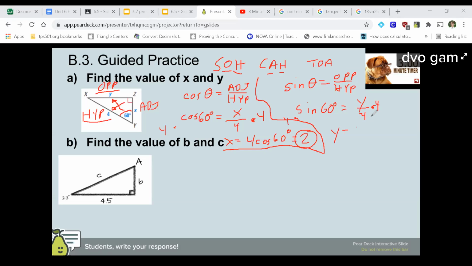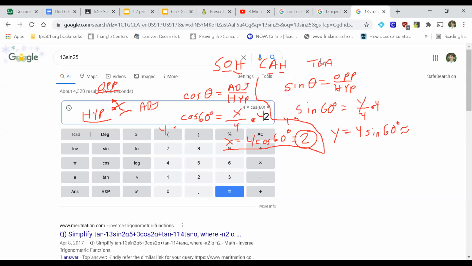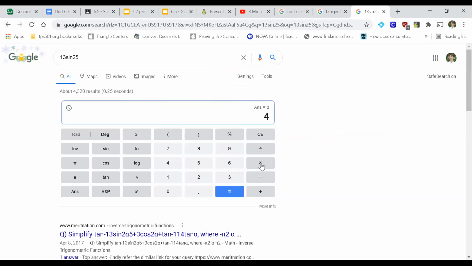So y is 4 times the sine of 60 degrees. Grab our calculator and type that in. We get 3.464.